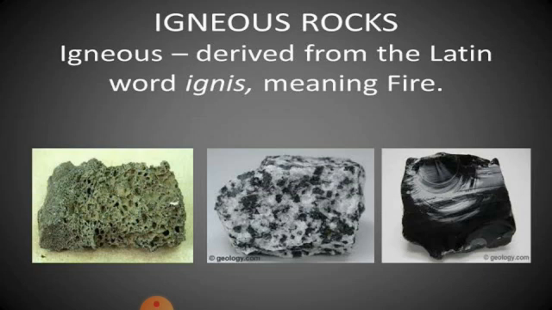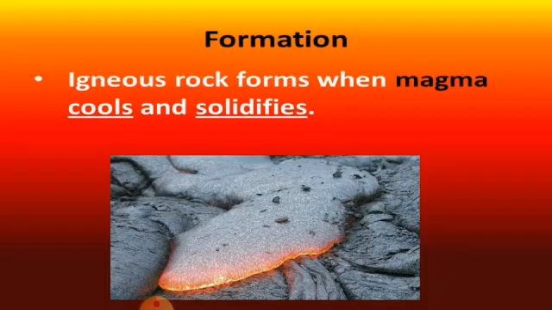Ignis means fire. How are igneous rocks formed? Igneous rocks are formed when the molten magma cools. After the molten magma cools, the solid rocks thus formed are called igneous rocks.